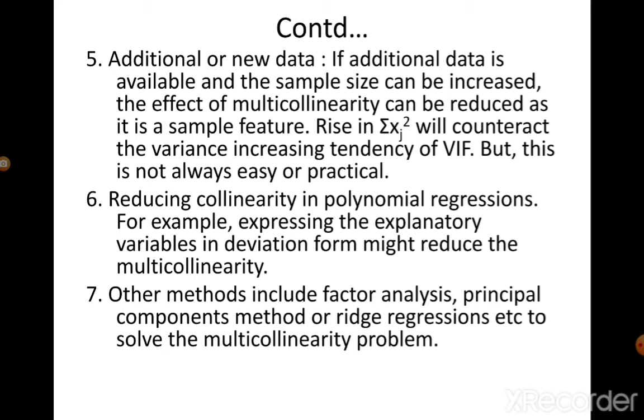So if summation xj square actually rises, you can counteract the variance increasing tendency of VIF. But again, if you're working with data that has been collected beforehand or secondary data, it might not be easy or even practical. Sometimes the data collection is so costly that finding new additional data is not possible.